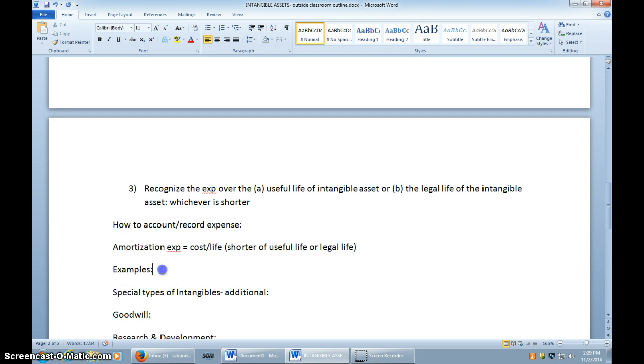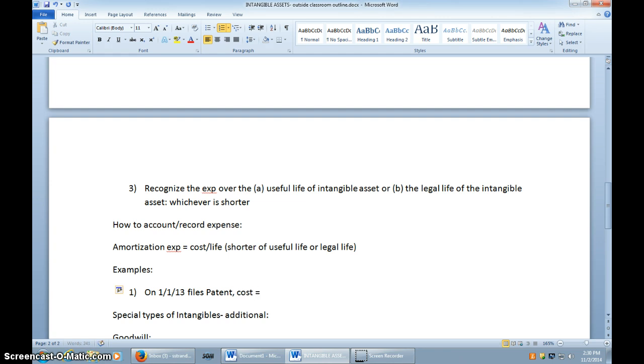All right, let's do an example here like we like to do in class. Let's say that on January 1, 2013, a company files and is granted a patent for whatever it is they're making.